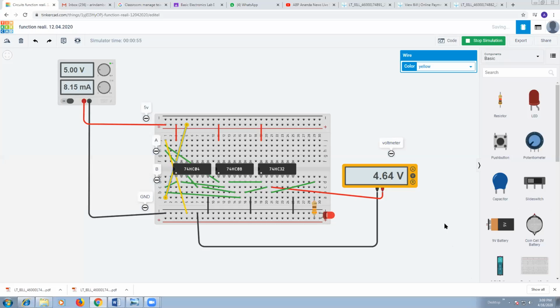If you have faced any problem, then after this session you can interact in the common WhatsApp. Any problem do you have, students, about this circuit? If it is clear, then write okay or it is clear. Riya Kumari, thank you.